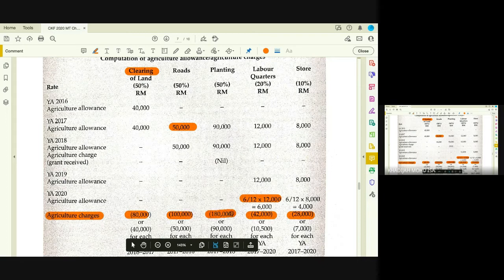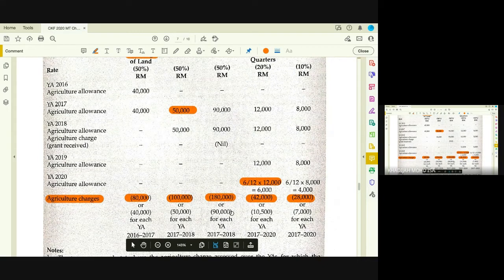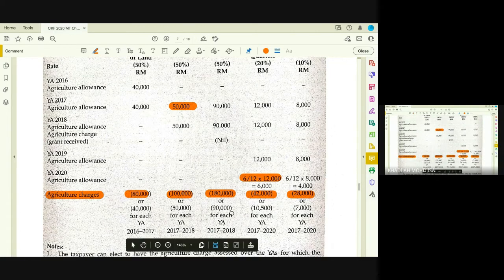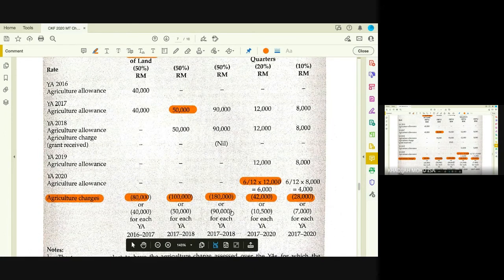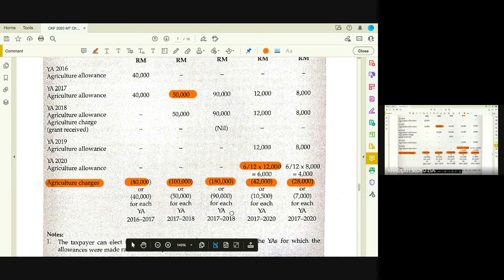So the first one is saying that, okay, if you have this disposal in 2020, whatever we have claimed, you're going to treat it as agriculture charge in the year of disposal. So in 2020, you're going to have agriculture charges of 80,000 for the clearing of land, 100,000 for the roads, 180,000 for planting, labor quarters 42,000, and store 28,000.